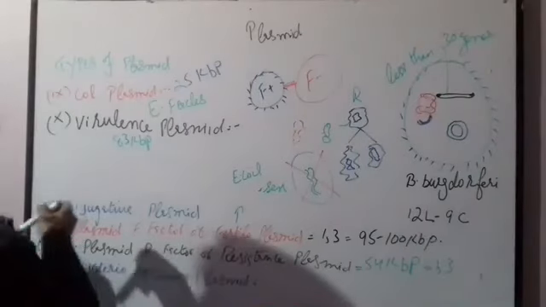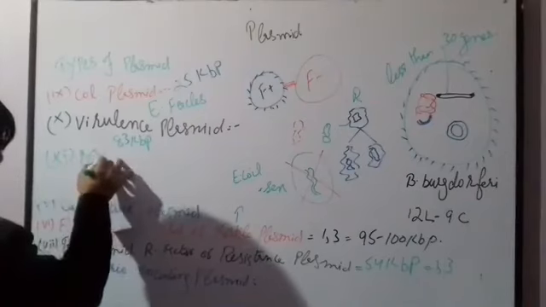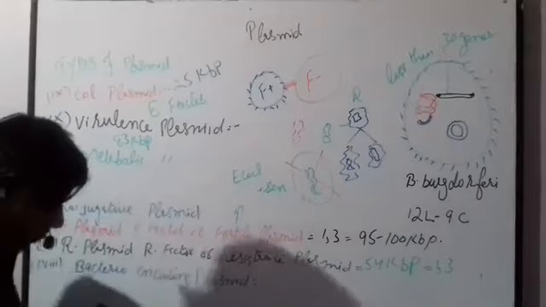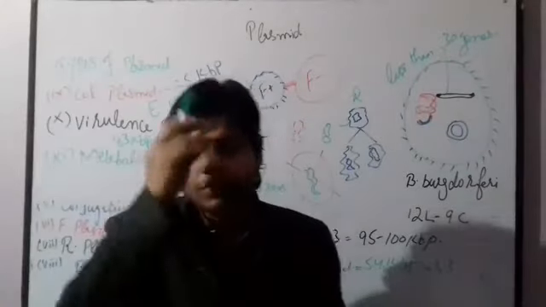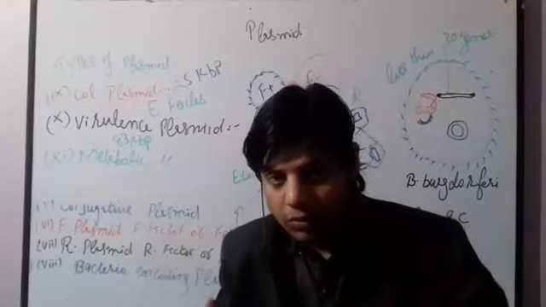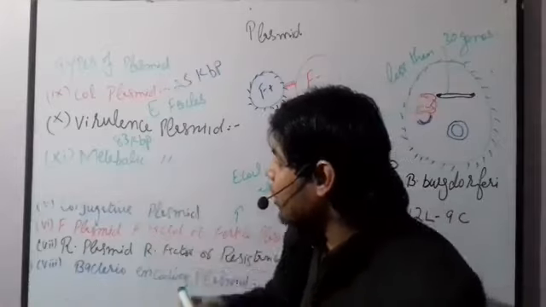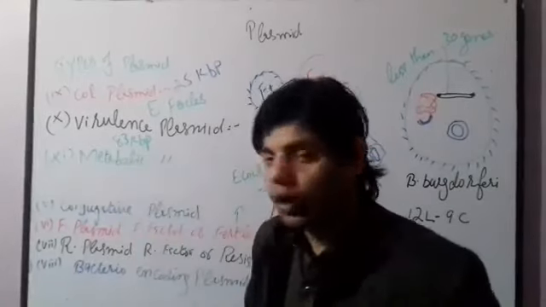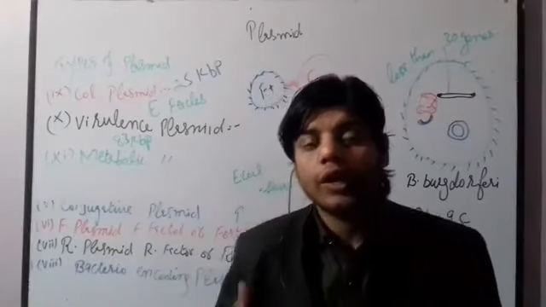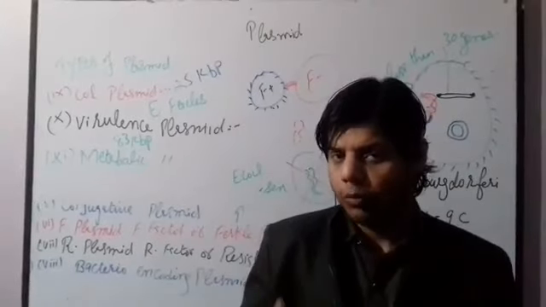Okay, last we have metabolic plasmid. So let me write metabolic plasmid. Now metabolic plasmids are those plasmids which are specially used to degrade sugar and some other large molecules, for example sugar, carbohydrates, proteins. Such plasmids are used to degrade large aromatic compounds like proteins, sugars, carbohydrates.